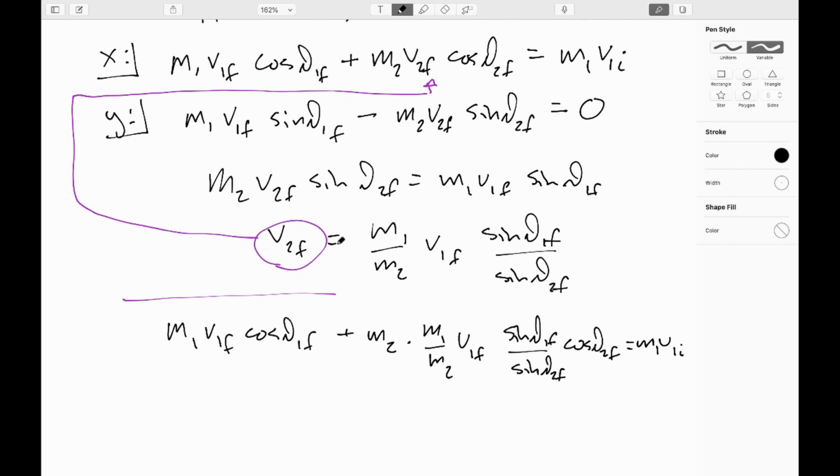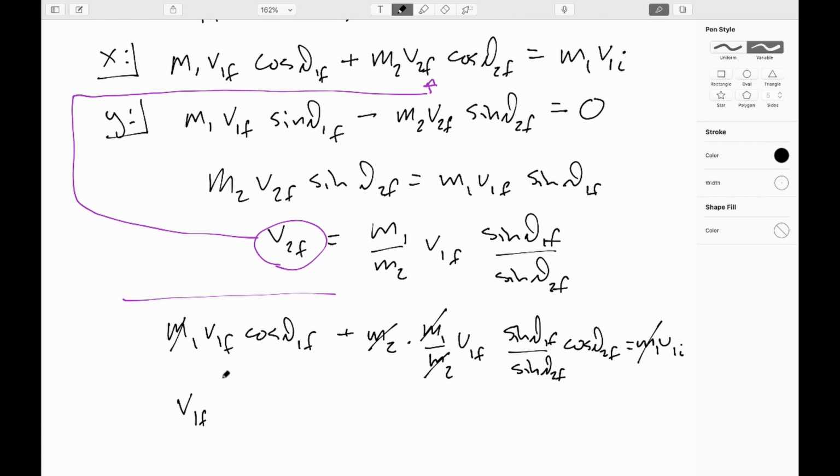Okay, and the small favors don't stop there. Look here, the M2's cancel. Now every term has an M1, so I can divide the entire equation through by M1, making those go away. And then I can group out a V1 final from the remaining terms.